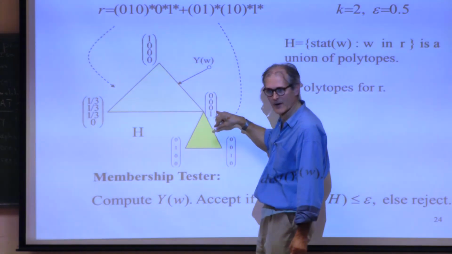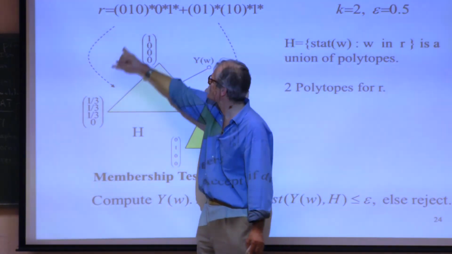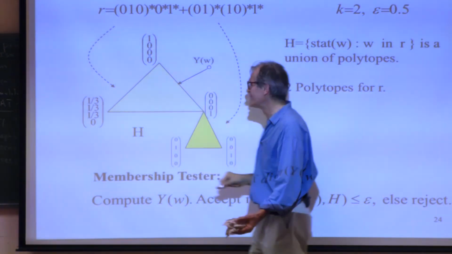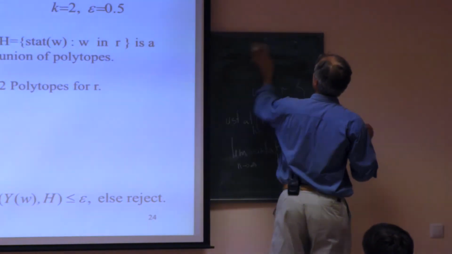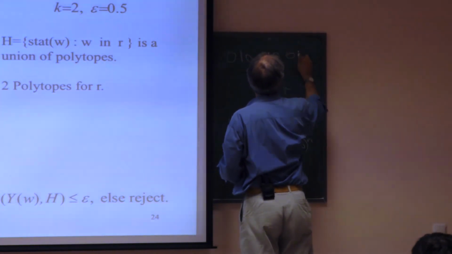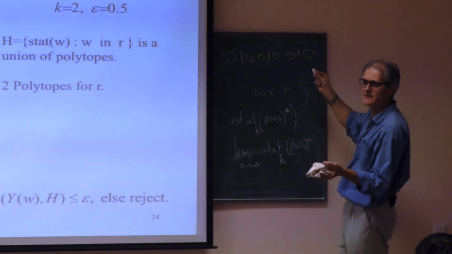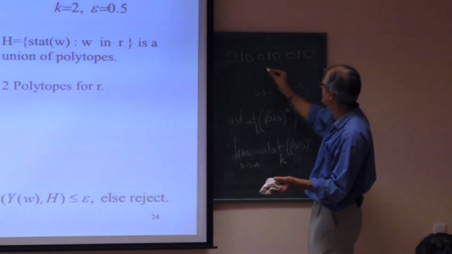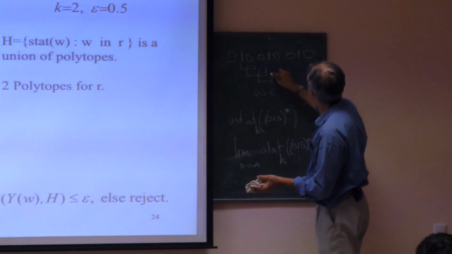You have a density of 1. All right. So why is it 1/3, 1/3, 1/3 for 0 1 0, 0 1 0? Just write 0 1 0, 0 1 0, 0 1 0, and observe that you have exactly the same probability to find a 1 0, then a 0 0, and a 0 1.